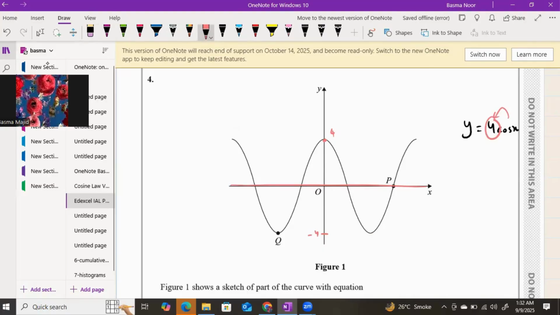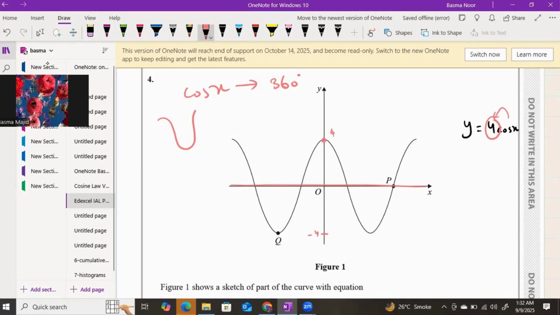You know the period here: the period for cosine of x is 360, which means one wave is in 360 degrees. This one wave starts at 0.